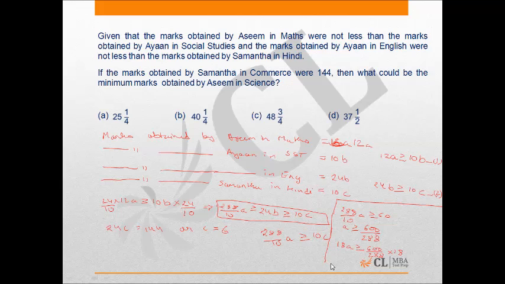Solving this, what I'll get is 18A is greater than or equal to 37.5. Hence, the minimum value is 37.5.